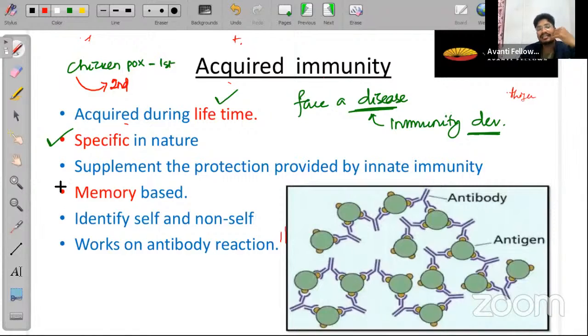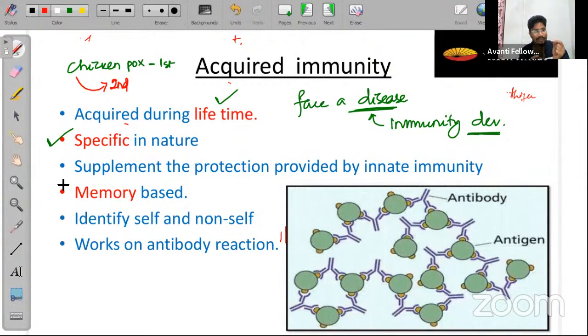But at that time, our body will have developed some immunity against the chicken pox virus by keeping the memory from when the chicken pox virus entered our body for the first time. At that time, our immunity fought with the chicken pox virus and kept some memory about it, and that memory is now utilized.